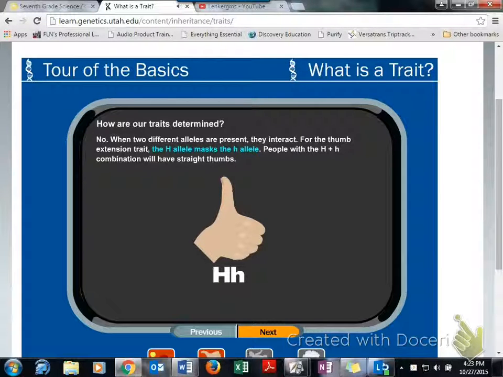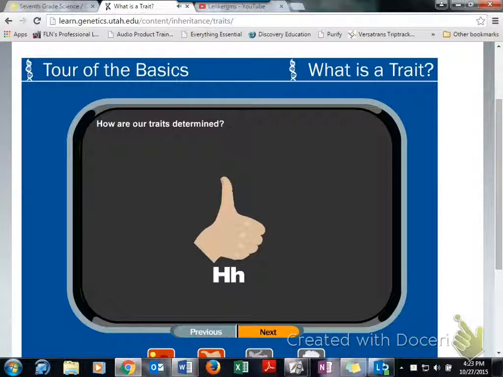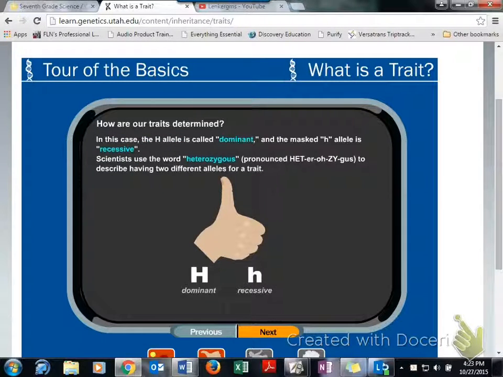People with the big H, little h combination will have straight thumbs. In this case, the big H allele is called dominant, and the masked little h allele is recessive. Scientists use the word heterozygous to describe having two different alleles for a trait.